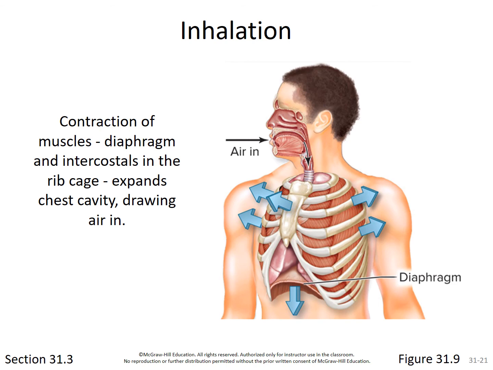With inhalation, you're going to contract a set of muscles, mainly the diaphragm and the intercostals in the rib cage. What that's going to do is expand the chest cavity. And when you expand the chest cavity, you actually lower the pressure within the chest cavity, and air will move towards that area of lower pressure and therefore move into the lungs.